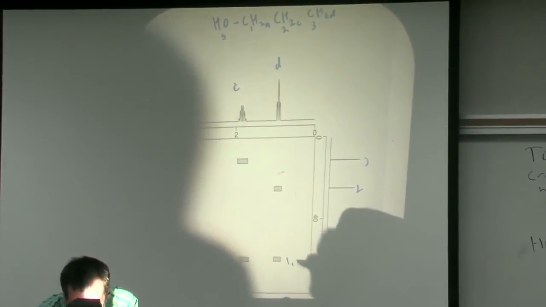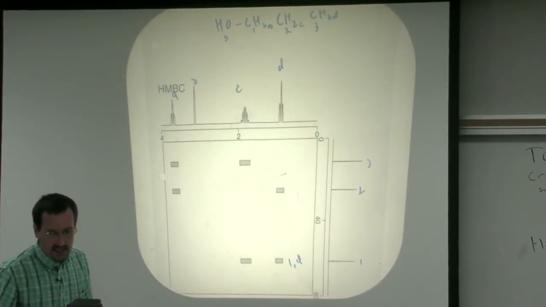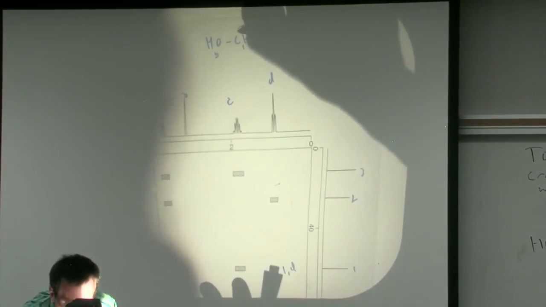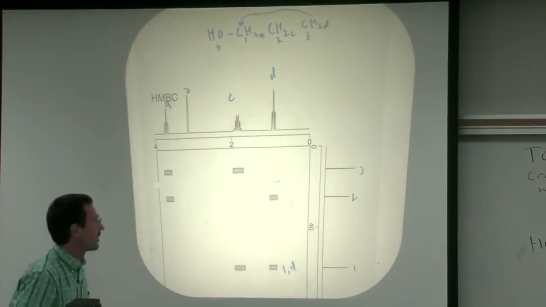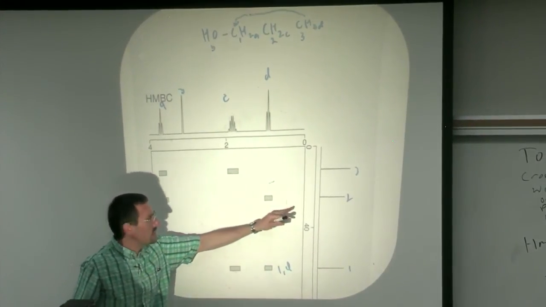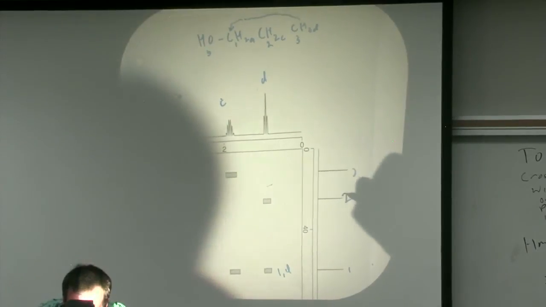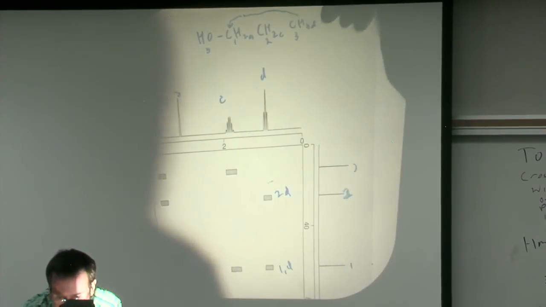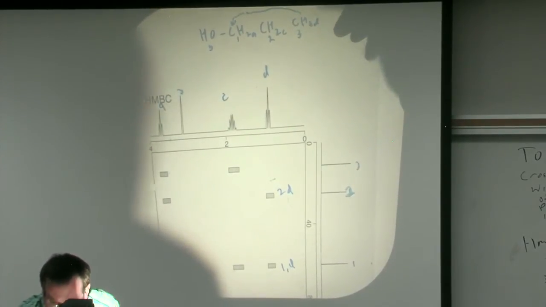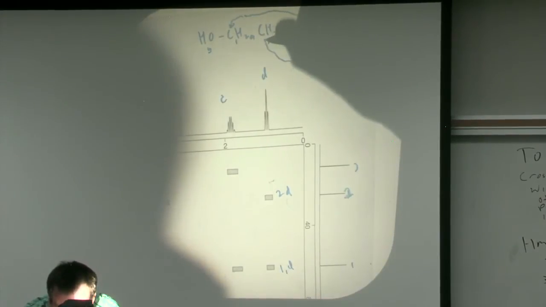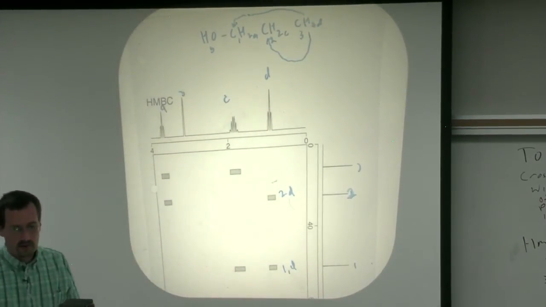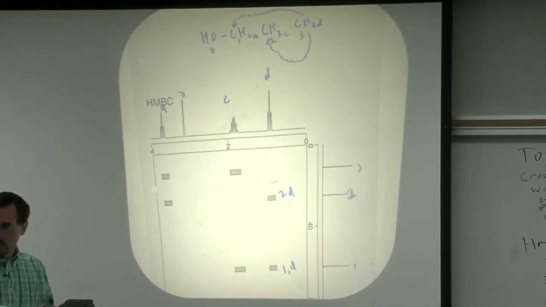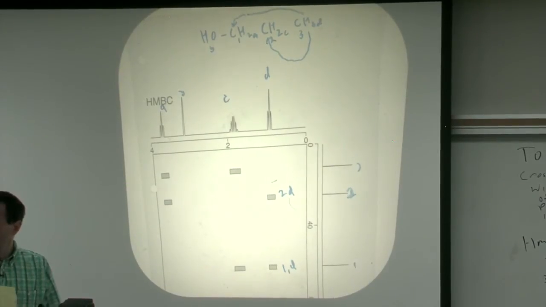This cross peak here of 1 to D, and again, this is just my sketch, is showing us that we're seeing this long-range heteronuclear correlation. This cross peak here of 2, that's my scrawl of a 2, this cross peak here of 2 to D is telling us that now we are seeing this correlation over here. And you will see how to use this very, very information-rich system in the future.